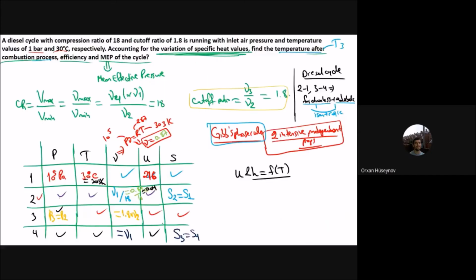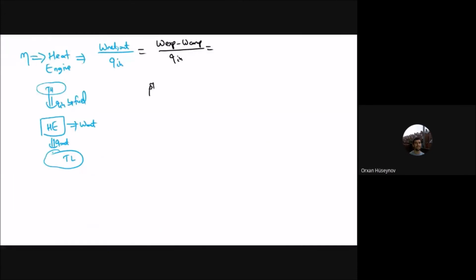If you write the first law, I will write only for the expansion part, but you should know that the compression is exactly the same. The change of internal energy of the system will be equal to total in minus total out. We have said that expansion is frictionless and adiabatic, and since it is adiabatic, Q is 0. There cannot be heat transfer by this system. Second, this is a closed system, so mass transfer is 0.